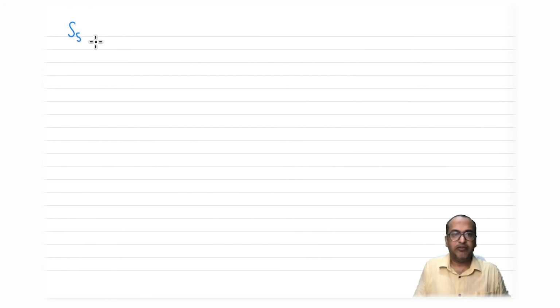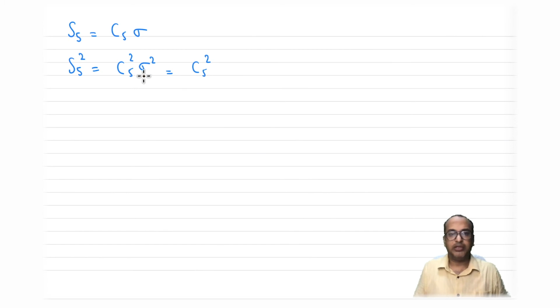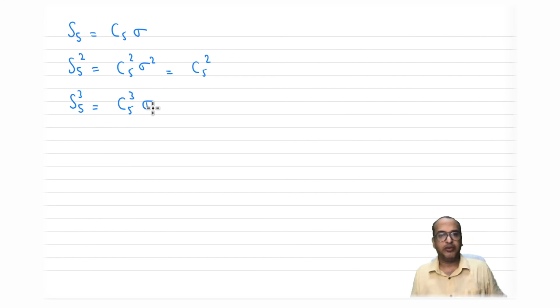So S5 is equal to C5 sigma. S5 done twice is equal to C5 done twice sigma done twice, which is nothing but C5 done twice because sigma square is E. Now S5 done thrice is equal to C5 thrice, and now I'm shortcutting it to sigma.